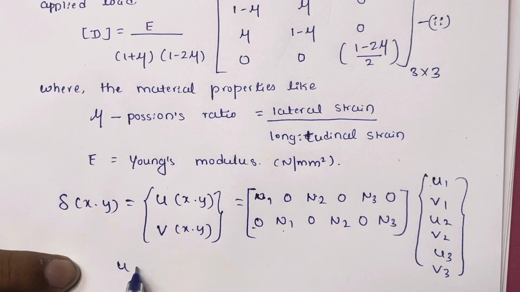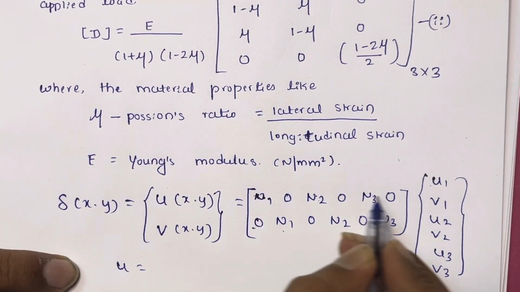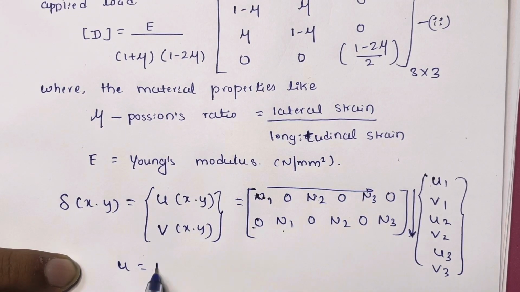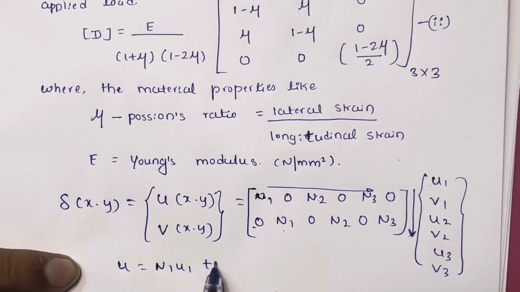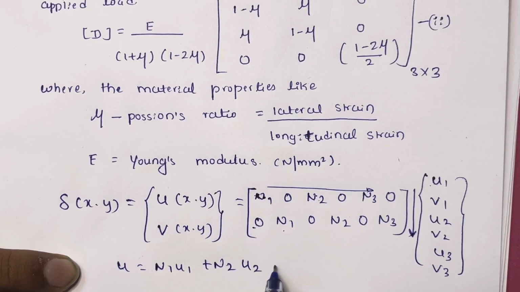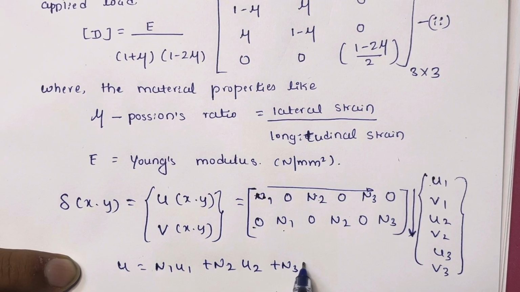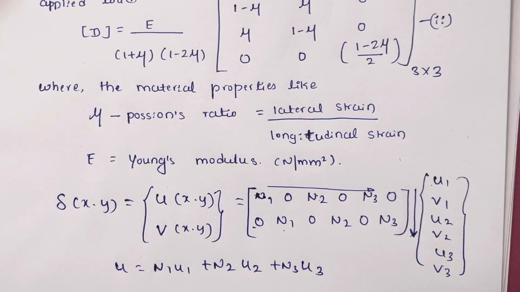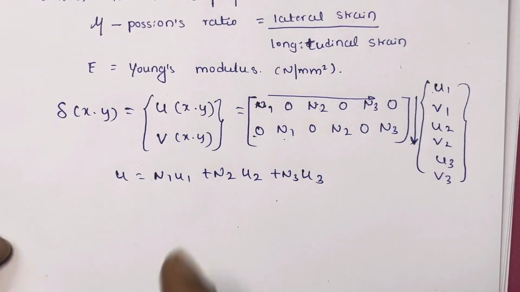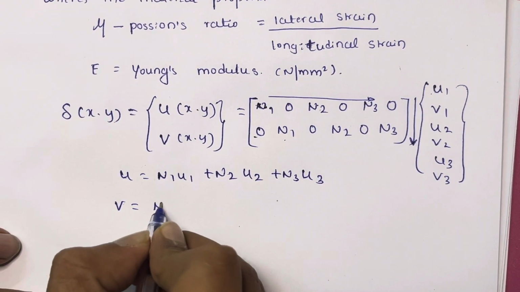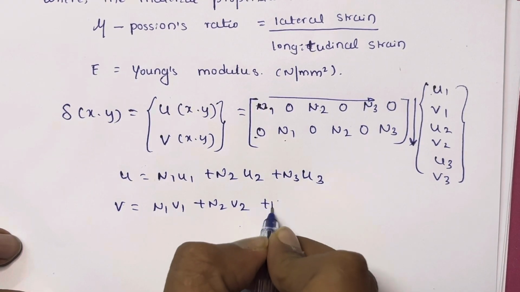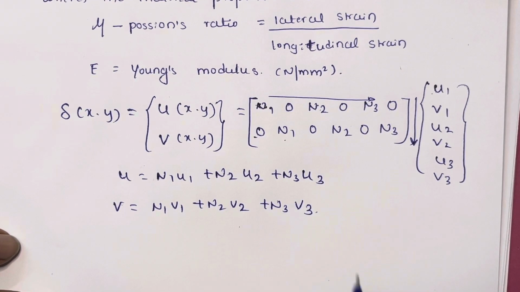So u equals n1 u1 plus n2 u2 plus n3 u3. Similarly v equals n1 v1 plus n2 v2 plus n3 v3.